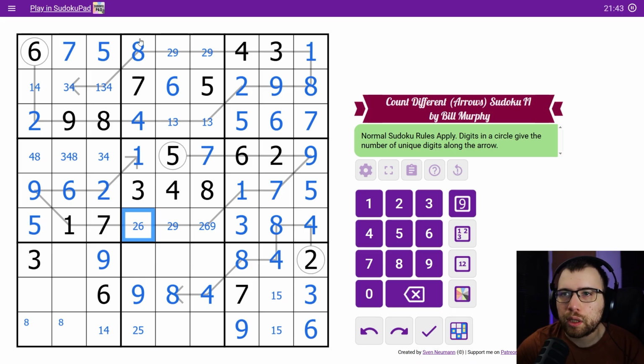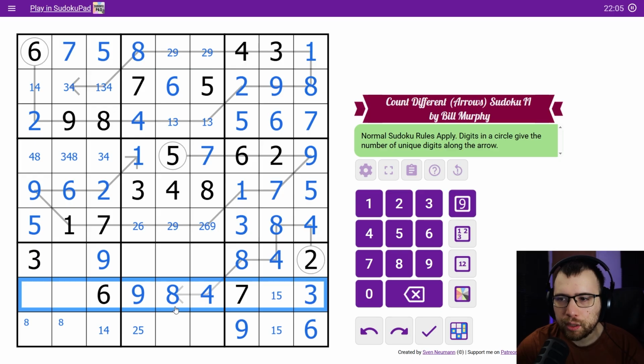In fact, let's do a quick look at all my pencil markings here. 3, 4, 3, 4, 8, 4, 8. Anything over here? No. This is going to be 3, 4, 8 right here. And then 1, 4, 2, 9. Anything? No. 2, 9, 1, 3, 1, 3. I don't see anything. 1, 5. No. Okay. All right. Let's look at this row.